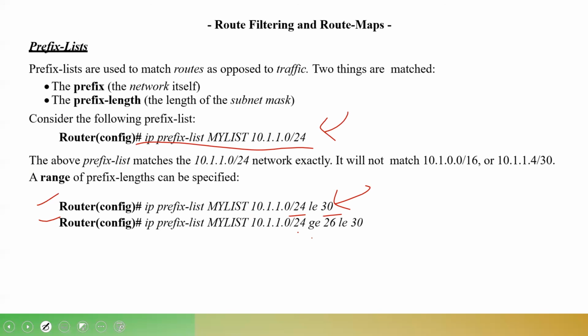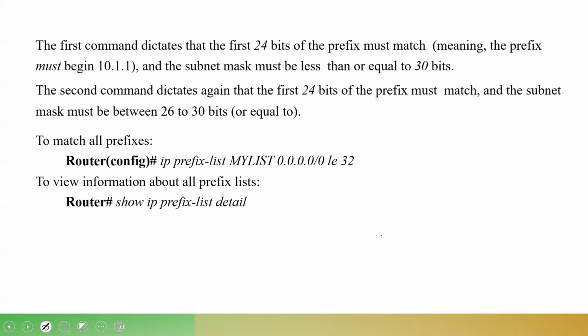And suppose you want to match 24 greater than 26 and less than 30, so you can go and use this statement. So it depends on what type of matching criteria we have. According to that, we can go and match. Some explanations are here. You can have a look.